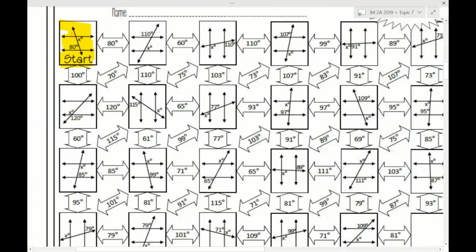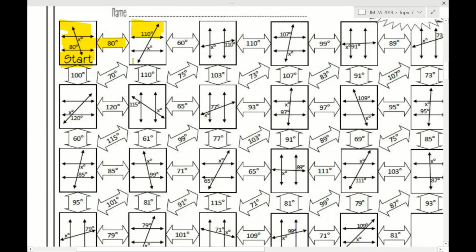Ultimately, if you look at our options, it's either that x is 80, so these are congruent, or x is 100, these are supplementary. What we're looking at is they're both between the parallel lines, so they're interior angles, and they're on opposite sides of the transversal. So that means these are alternate interior angles, which are congruent. So it's going to be 80 for this one.